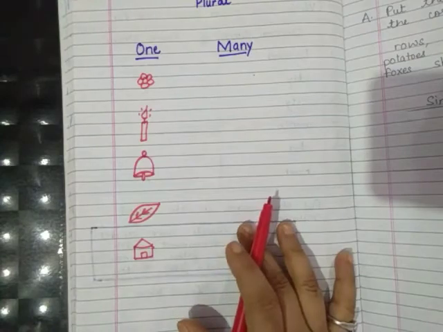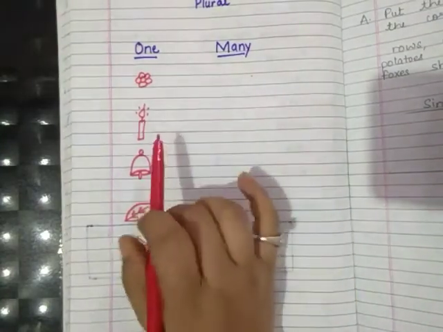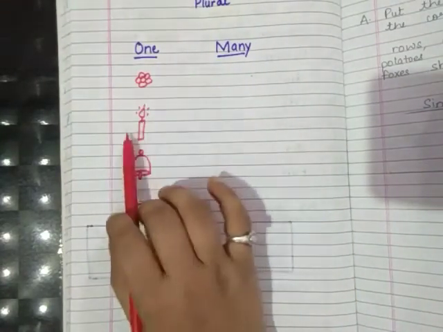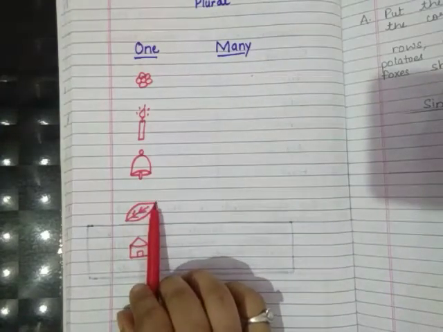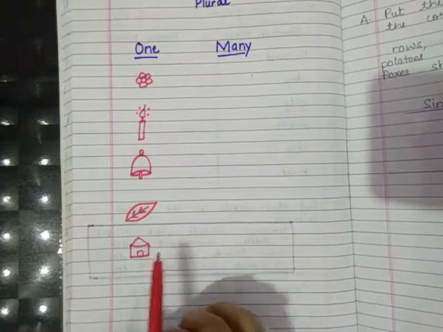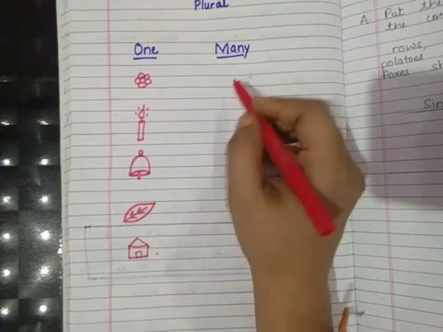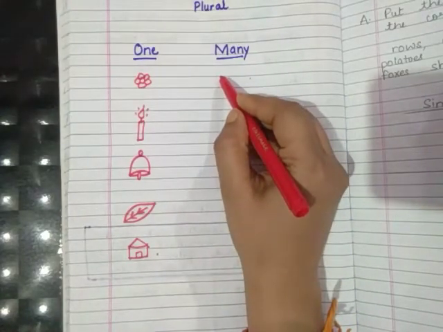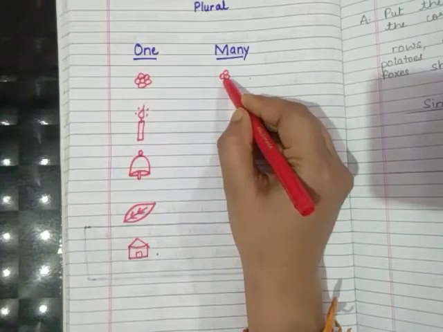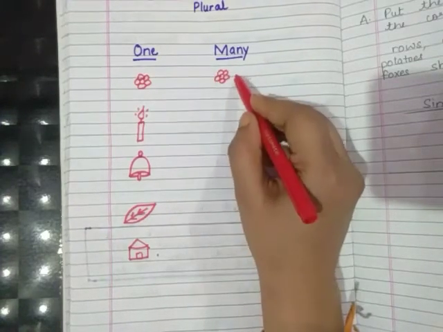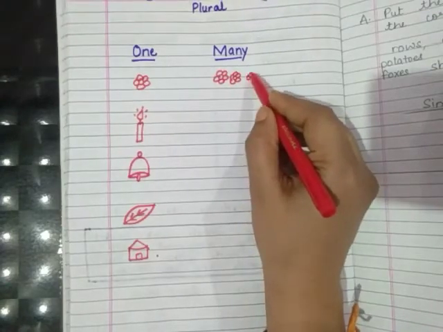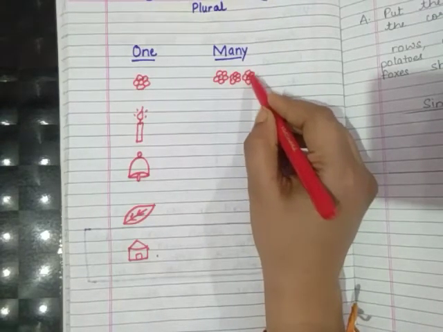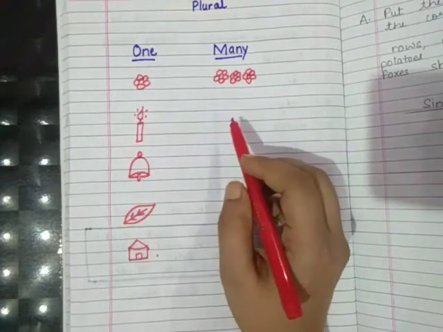Now in the next column I am going to draw more than one flower, more than one candle, more than one bell, more than one leaf, more than one hut. More than one flower means it can be any number. If there is more than one flower, it can be any number. It can be 2, 3, 4, or 5.